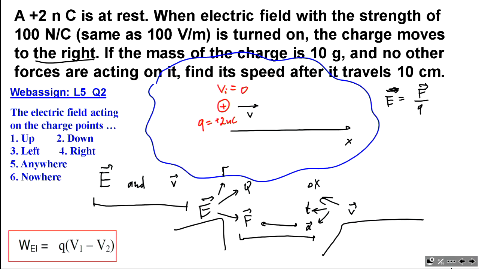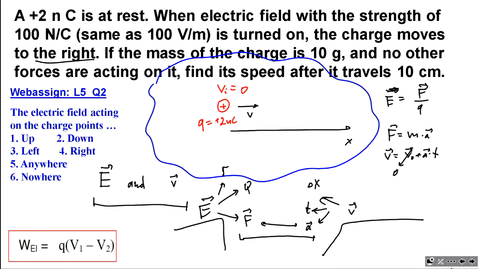And the expression which relates force and acceleration. Now an expression which relates acceleration and velocity. Now the initial velocity is 0.